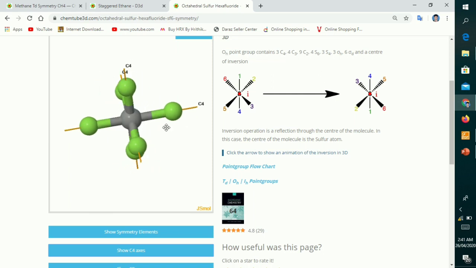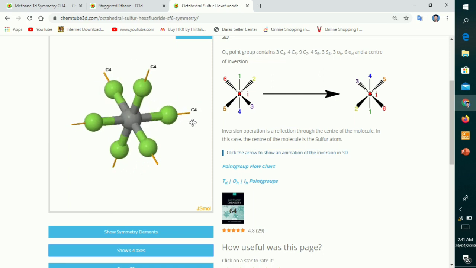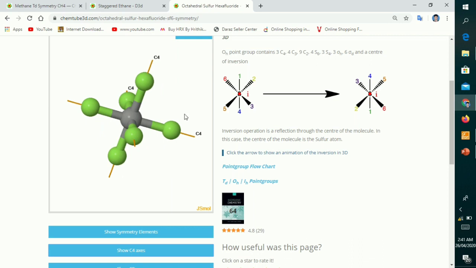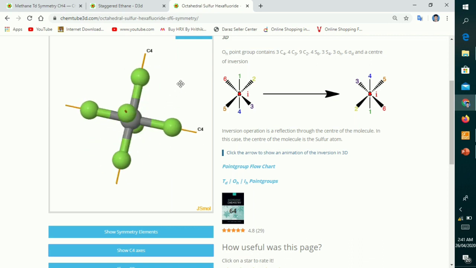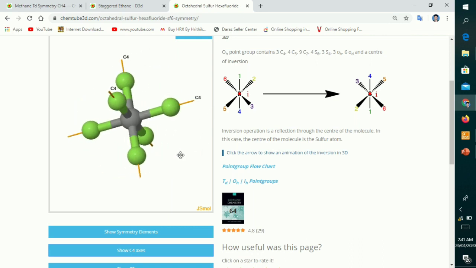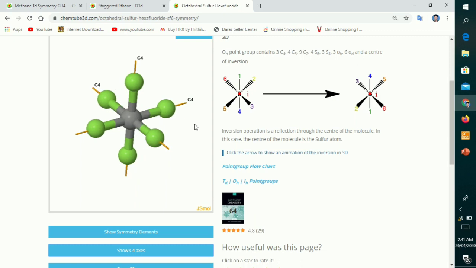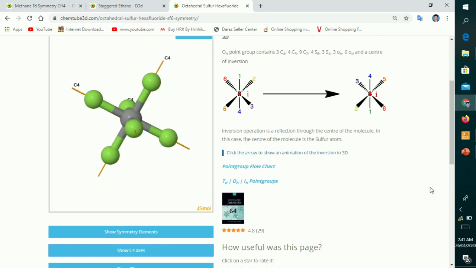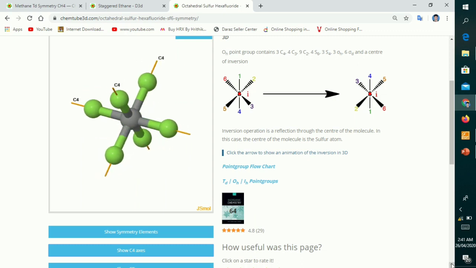Here you can see this is the principal axis of rotation, because there is no higher number other than 4. So this is the C4 rotation you can find there, and there are different C3 as well as C2 rotations in this molecule.